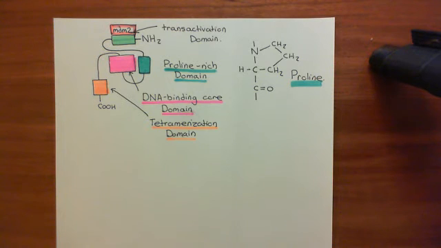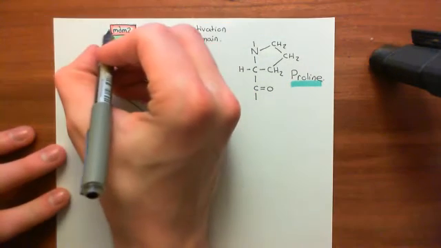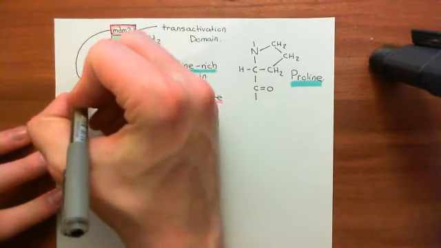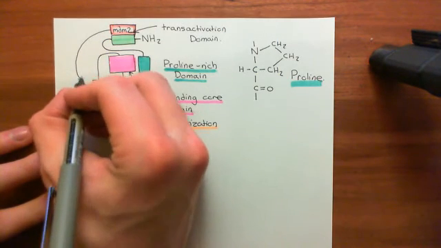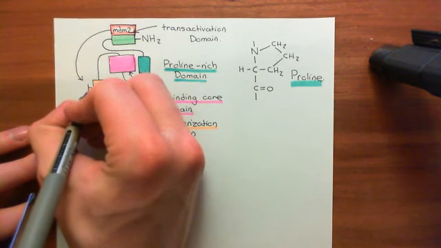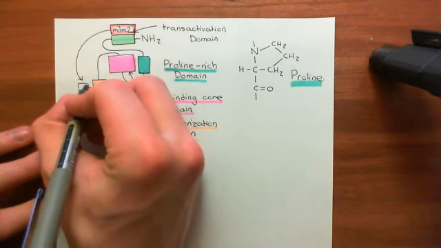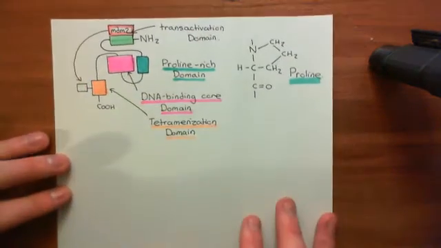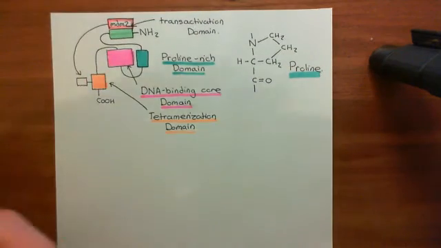Okay, and firstly, the binding of MDM2 to the transactivation domain is going to stop p53 from functioning, but to add insult to injury, what MDM2 is also going to do is add a ubiquitin group onto p53. Specifically, it's going to add it onto this tetramerization domain down here. So here is a ubiquitin group being added on.